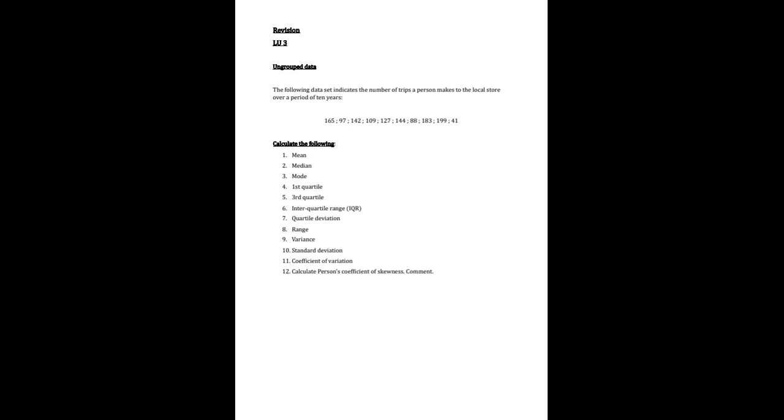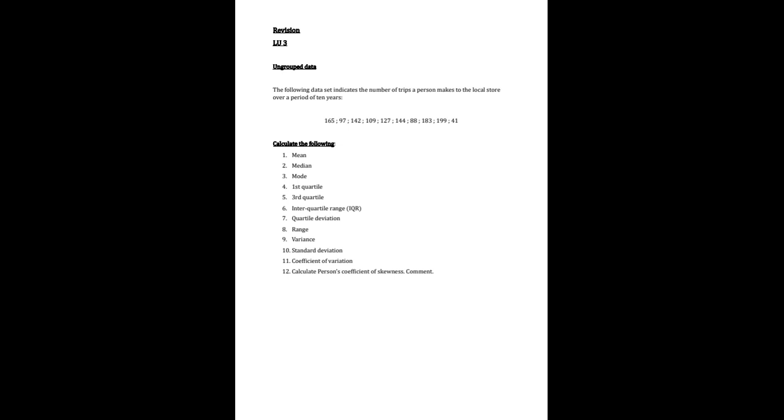Today we're looking at Learning Unit 3, Part 1. And I say Part 1 because we are splitting the Learning Unit up into two parts, because that is how it is tested, examined as well. The first half is ungrouped data, like you see up on the screen, where you have values that are listed out for you randomly.